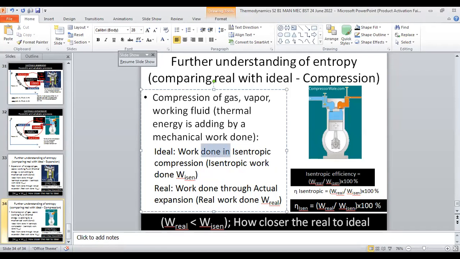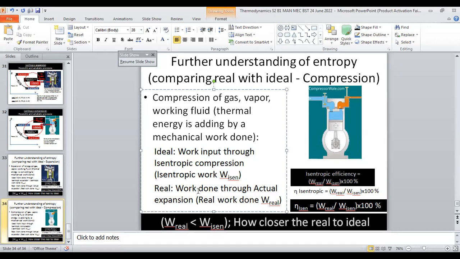Work input through isentropic compression. So isentropic work in compression. Let's say W isen. Okay. W isen, isentropic work of compression.